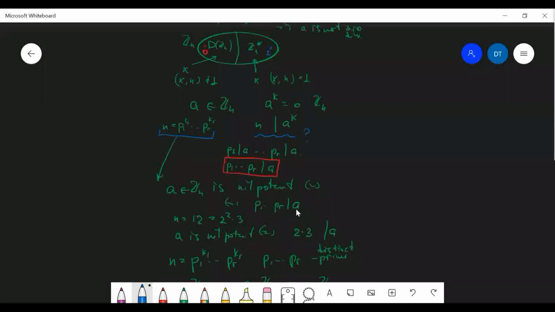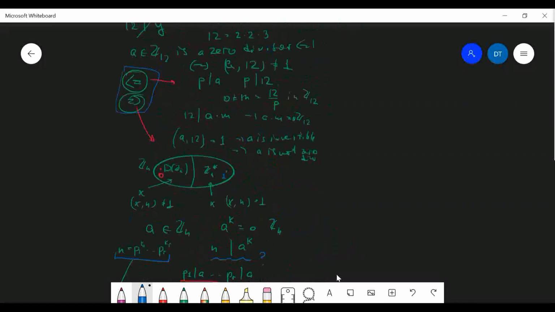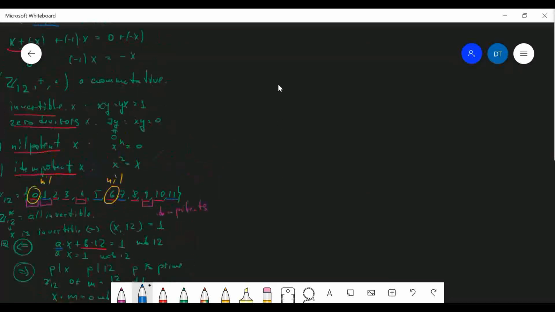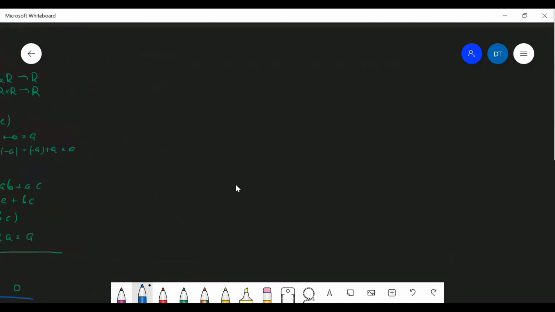So it will never be 0 in Zn. That's why if this property doesn't hold, A is not a nilpotent. Is it okay? Yes. Okay, let's move on. Let's do this.